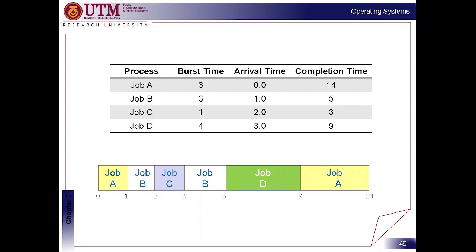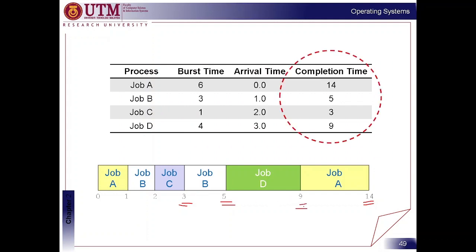So for job A, it finished at time 14. For job B, this is where it finished, 5. For C it is 3, and for job D it is 9.